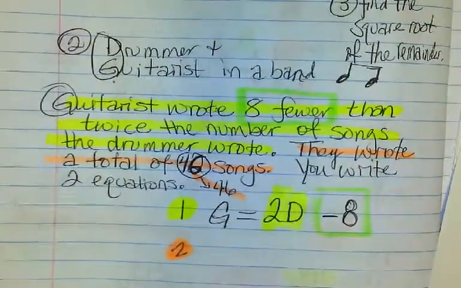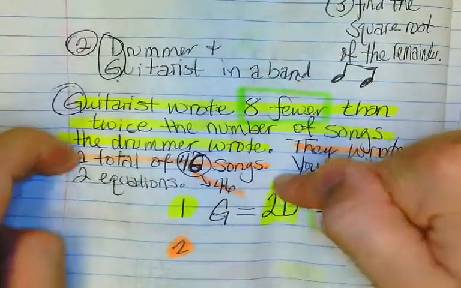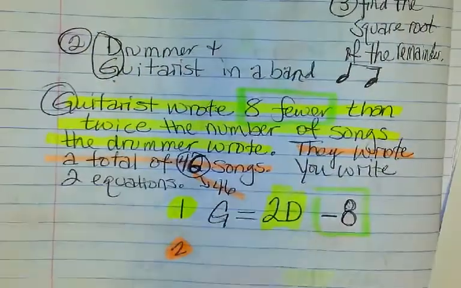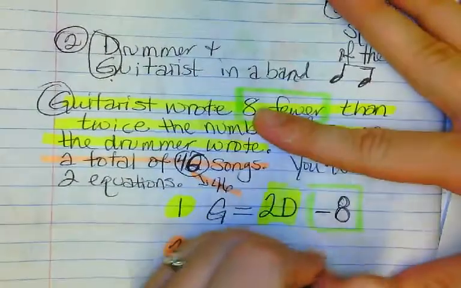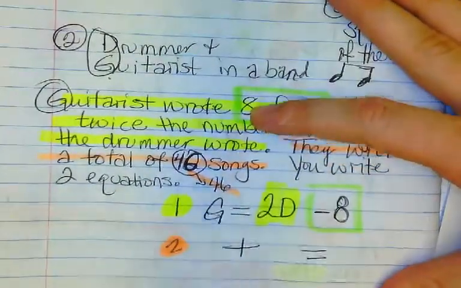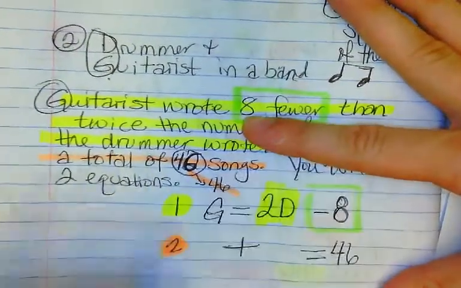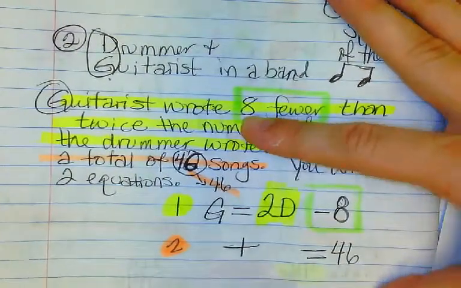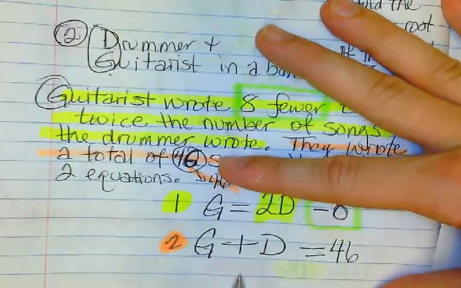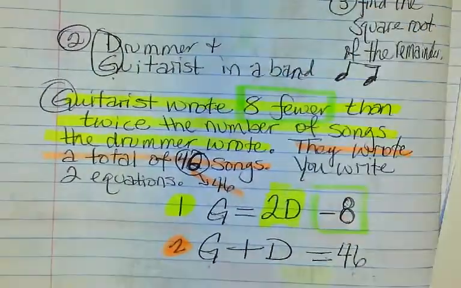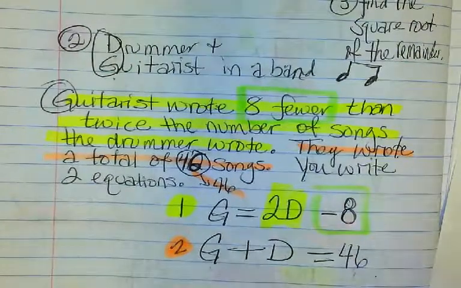All right, now equation number 2, it says they write a total of 46 songs. So total meaning addition. And we know that all together, out of all the songs they wrote, it was 46. 46 was your number. So between the two of them, both G and D, they had to write 46 songs. And that'll finish it up for us.